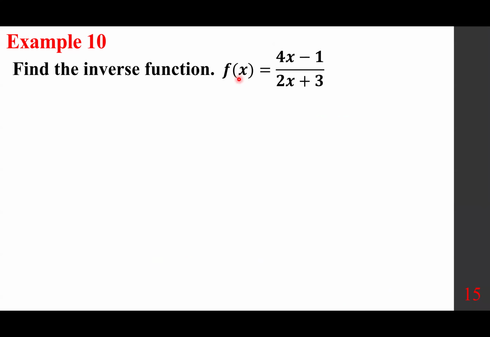Find the inverse function. f of x is 4x minus 1 over 2x plus 3. How do we find an inverse function? Well, number one, we change f of x to y because it makes it easier to work with.